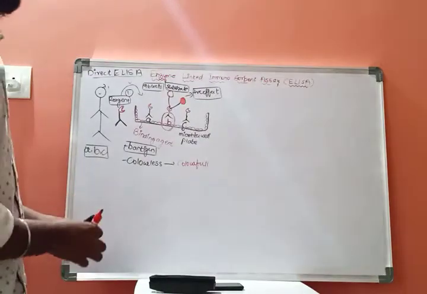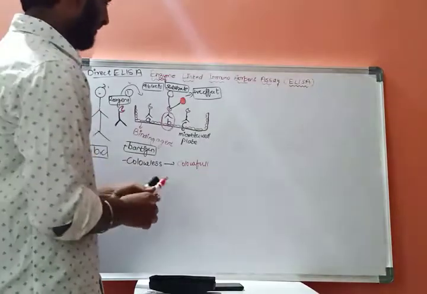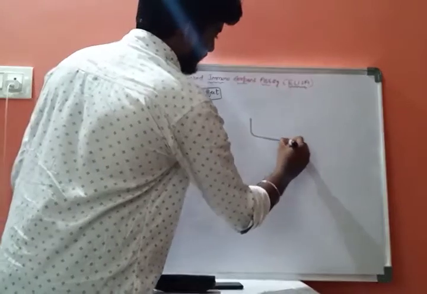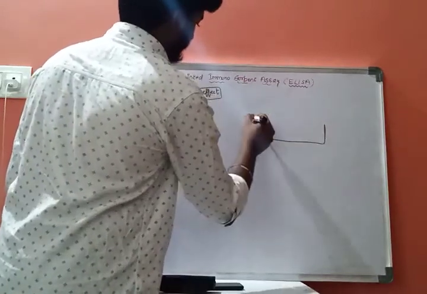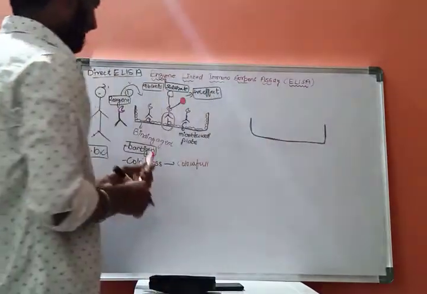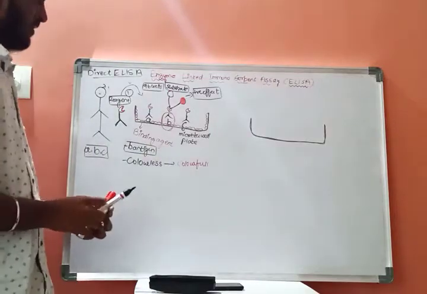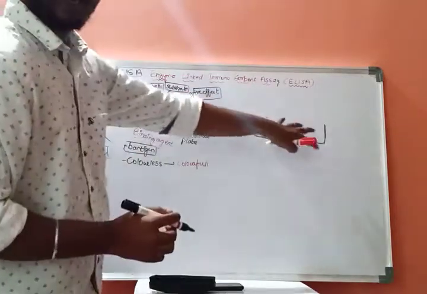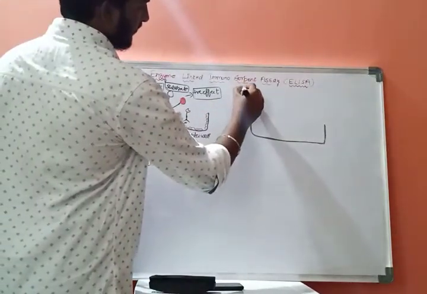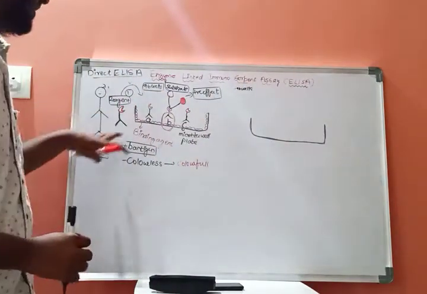Now let us go with one more process. Let us consider a microtiter well plate which contains 96 wells, and here let us consider the same patient.